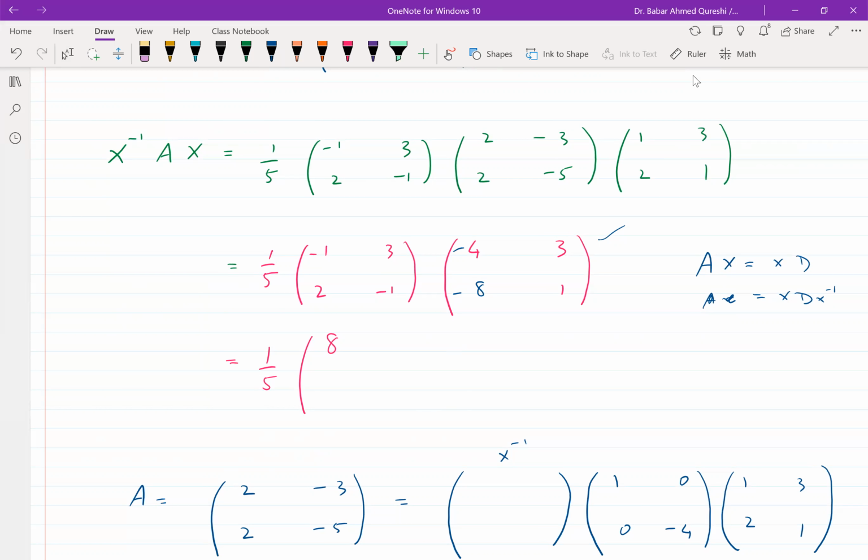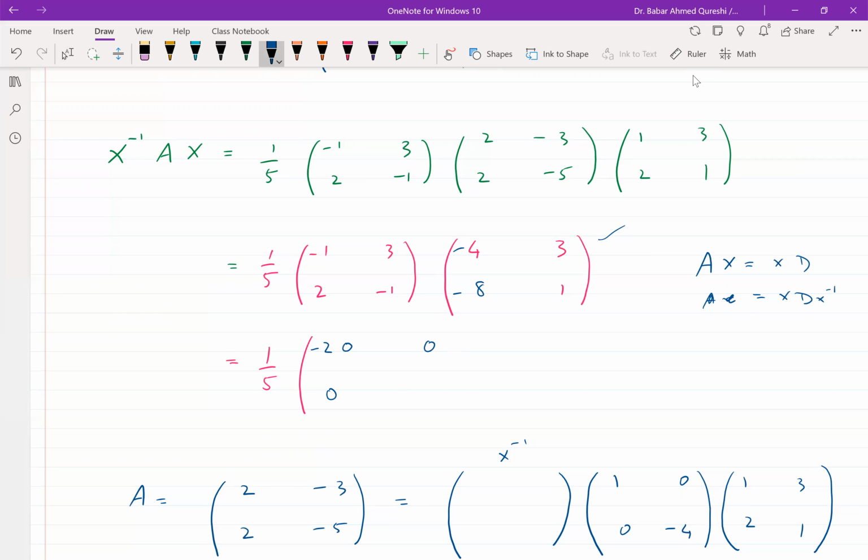So now see what happens. So now I have 4 and minus 24. So minus 20. Then minus 3 plus 3 is 0. Then minus 8 plus 8, 0.